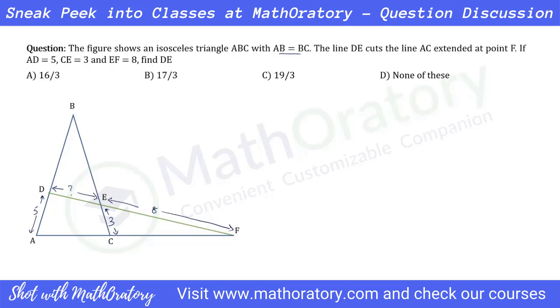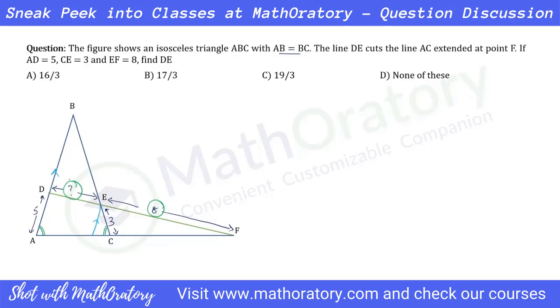When I'm reading this question, I know because of this entire ABC triangle being isosceles, I definitely have this base angle A equal to the base angle C. These two angles should definitely be equal. And also, if you look at the 8 here and the requirement out here, so if I have a figure like this, what I've done is I've just drawn this line parallel to AB.